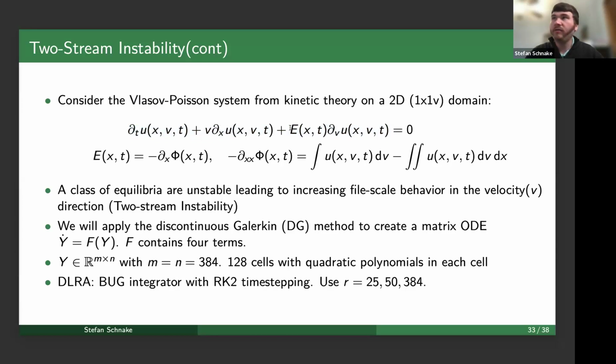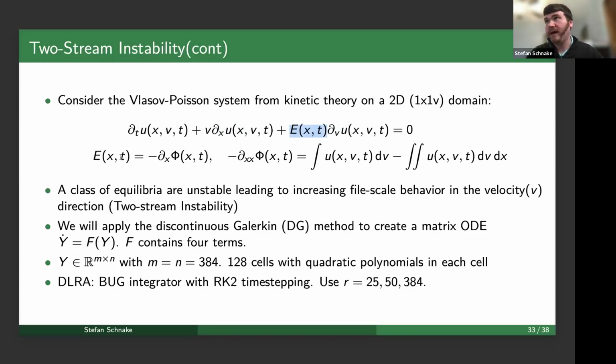This is nonlinear because, from the physics definition, this is essentially transport in velocity. This says that your particles move with respect to the velocity, and this is your acceleration term, where the change in velocity of the particles is with respect to some acceleration given by an electromagnetic potential.